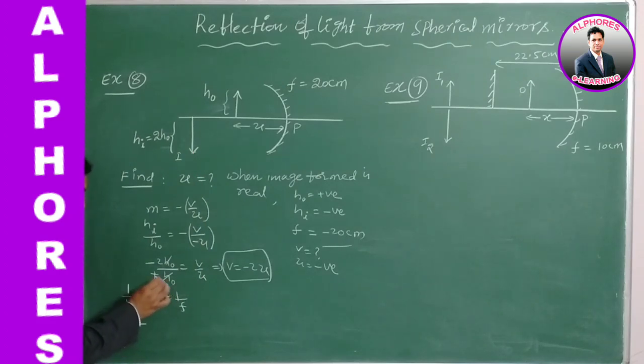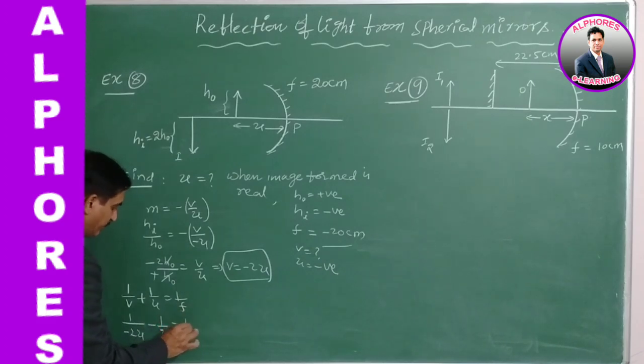So 1 by v, where v is minus 2u, minus 1 by u, because a negative sign is taken as u is negative, is equal to 1 by minus f for a concave mirror. Minus and minus get cancelled.